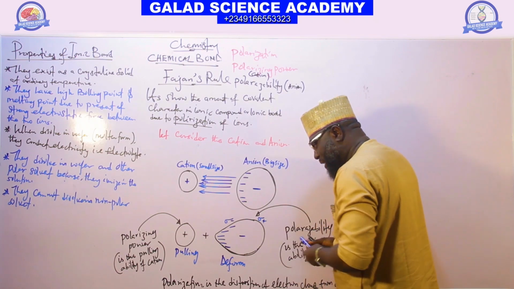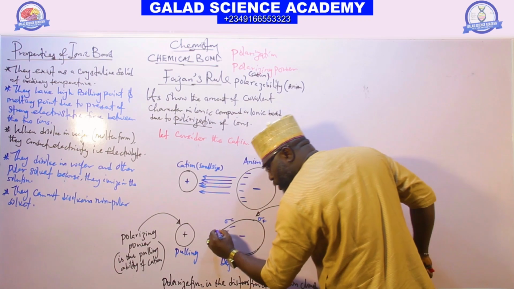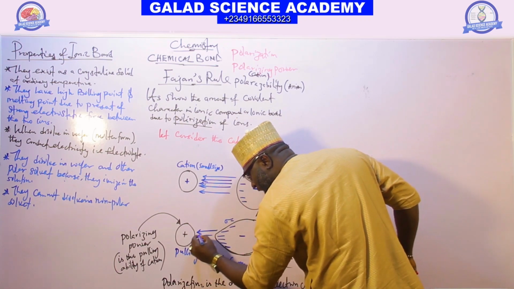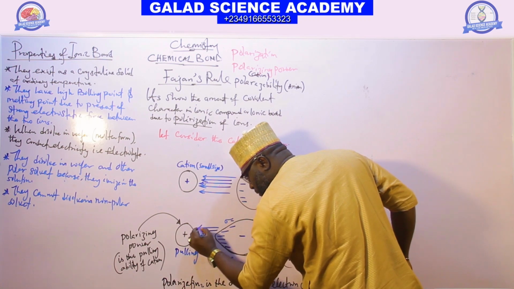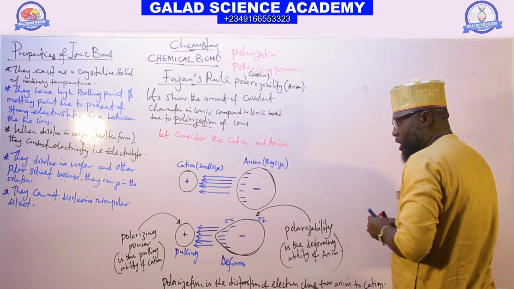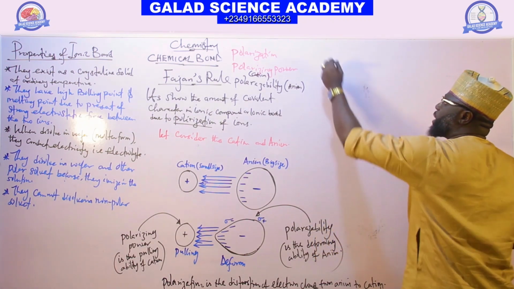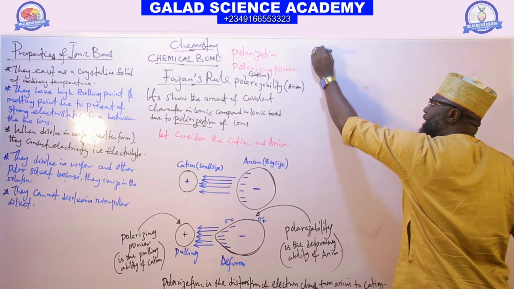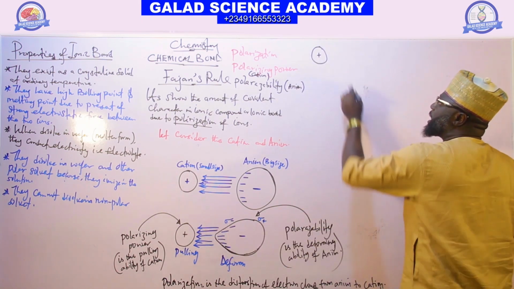this anion is being deformed toward the cation, we call it polarization. So the third stage now of this reaction, if we have it in this form, this is the cation with a positive charge.